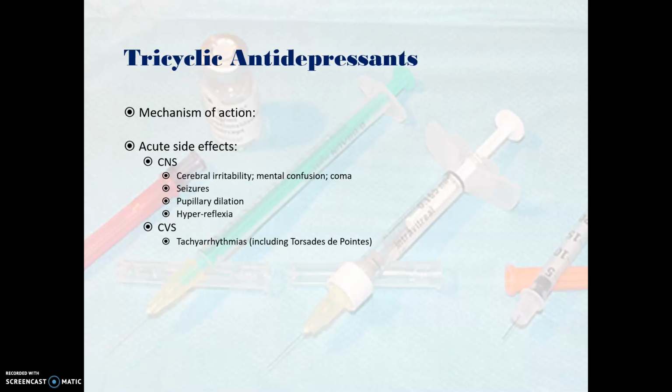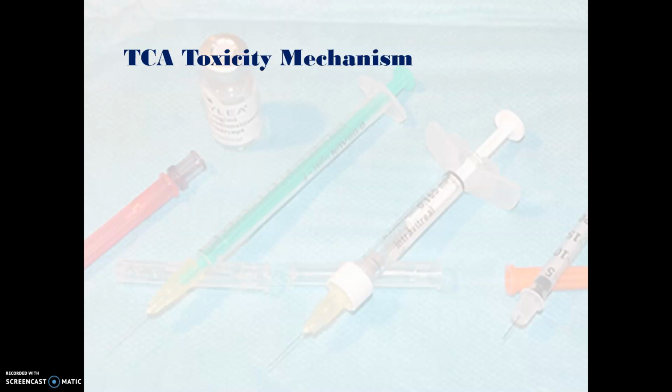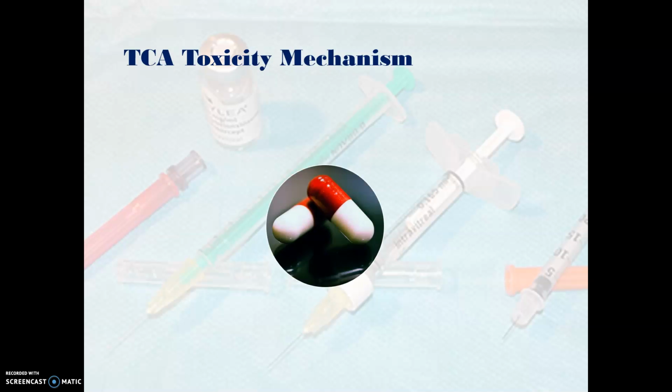They can predispose to torsade de pointes, hypotension, and then other effects such as dry skin and mucous membranes, hyperthermia, and chronic side effects such as extrapyramidal side effects and anticholinergic effects. Now you notice we didn't talk about the mechanism of action because that has a direct impact on what toxicity looks like. So when we're thinking about TCA toxicity, we need to think about all the different actions of the drug.